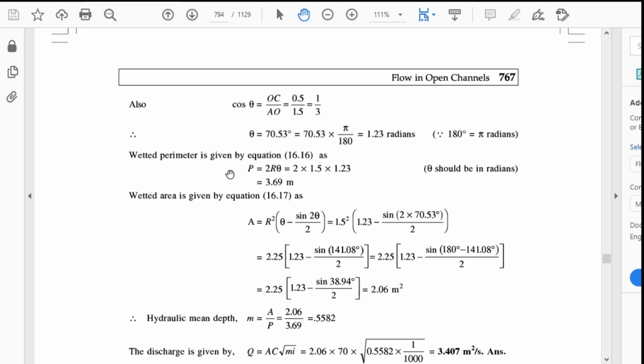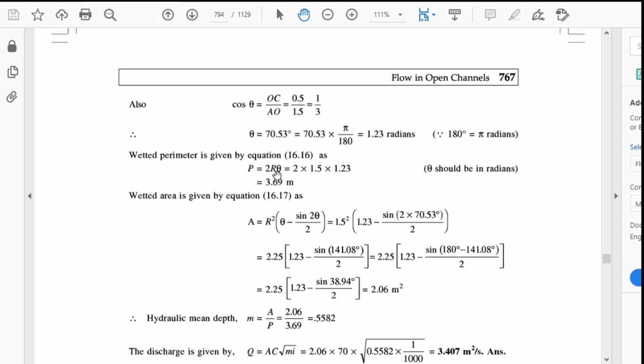And when the theta is simply 2r theta, with no geometrical expression along with it, then take that theta in radians.